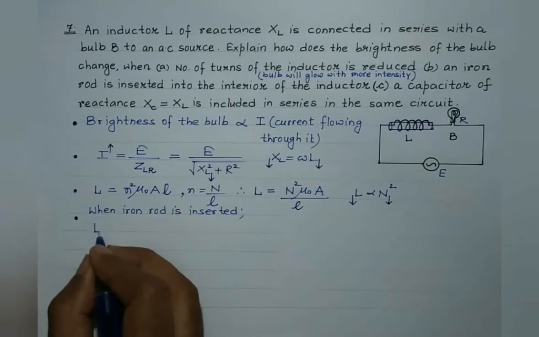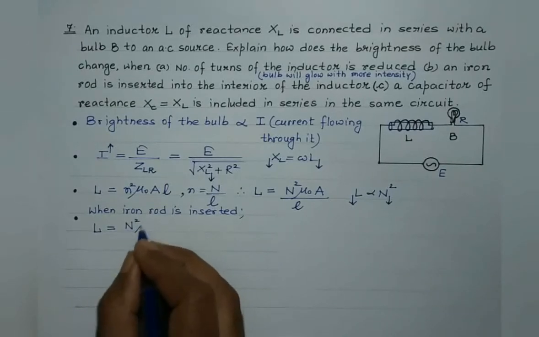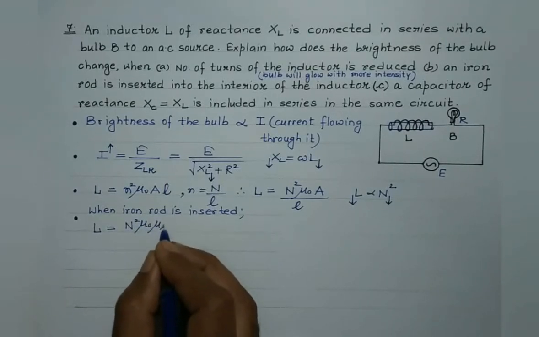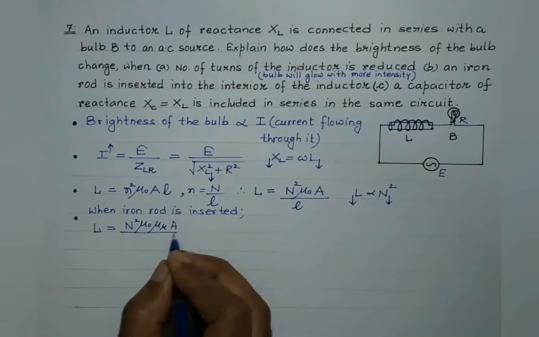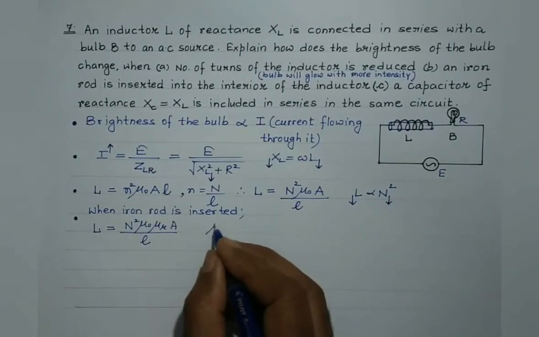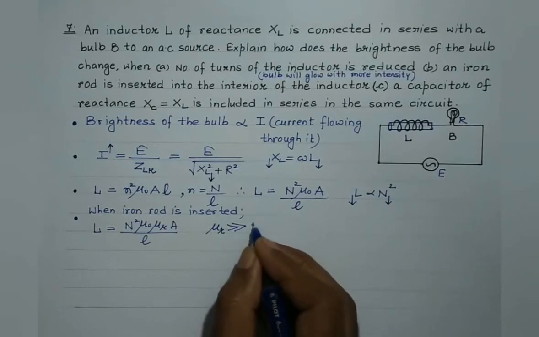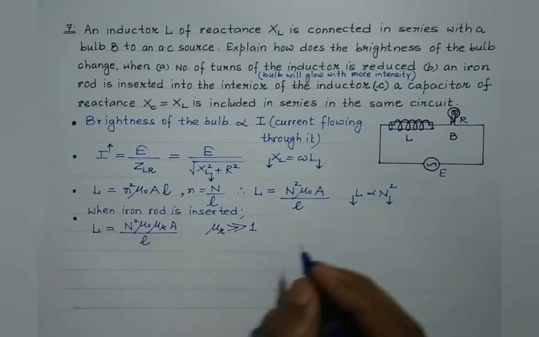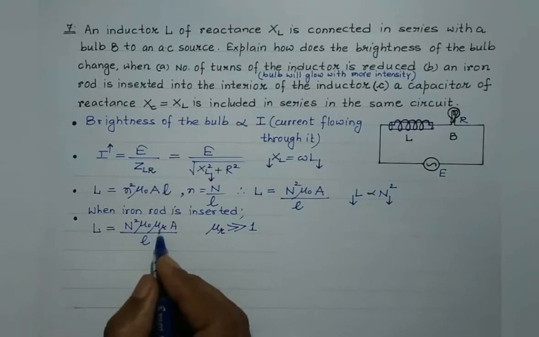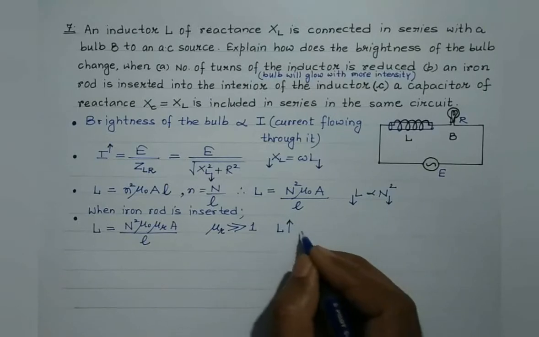Now the inductance will be given by N square mu naught mu r A by L. Now iron rod is a ferromagnetic material. The relative permeability for a ferromagnetic material is very large as compared to one. So basically with the introduction of the iron core, the value of inductance increases.